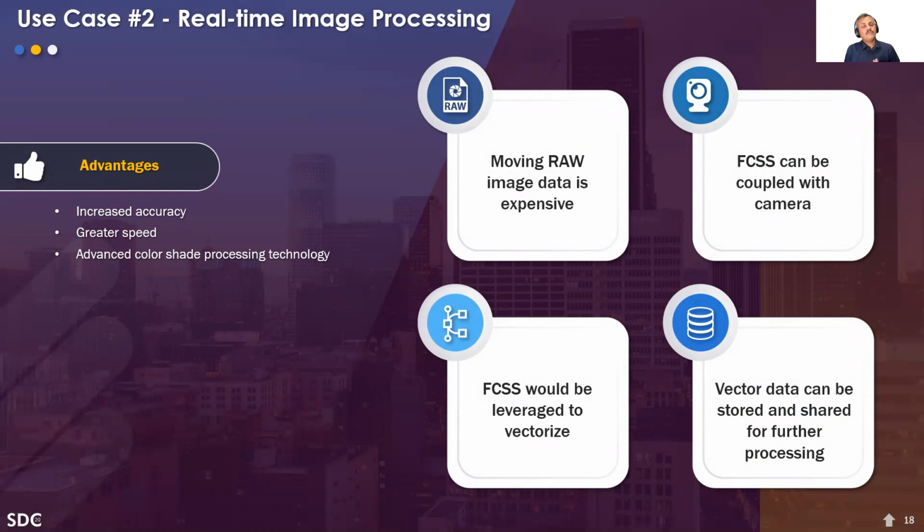And think of a system where we have multiple such cameras and we need real-time processing. The solution is we can have FCSS, where the FPGA, or there could be an ASIC, whose job is just to vectorize the images which the camera is capturing, and then this vector data can be stored and shared for further processing.